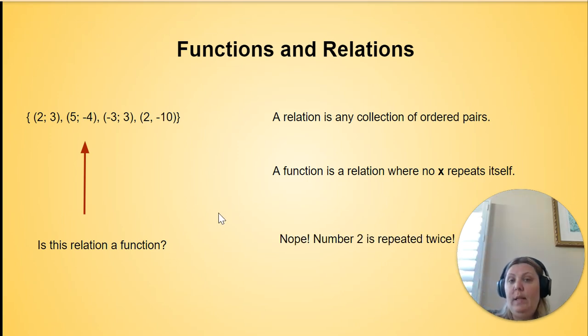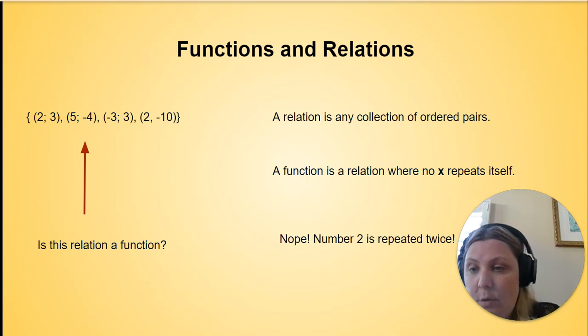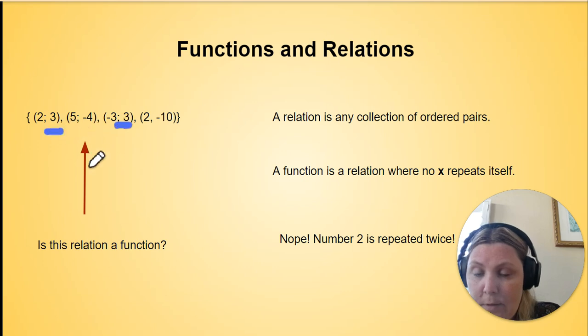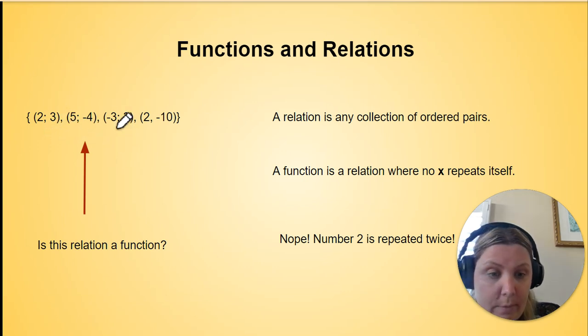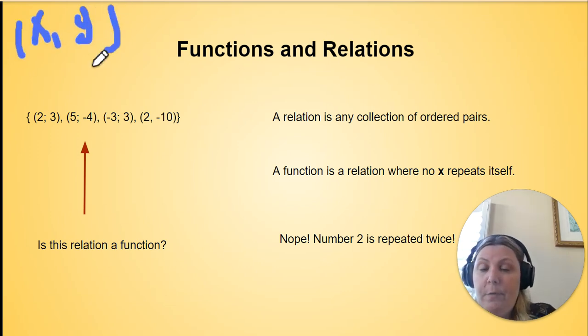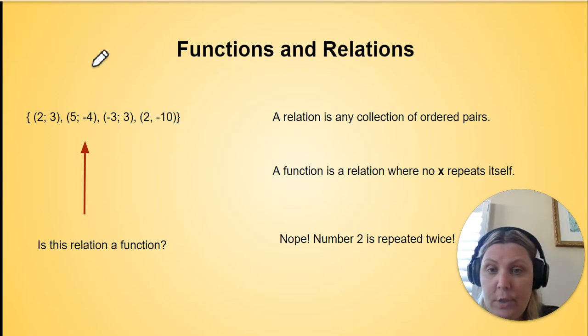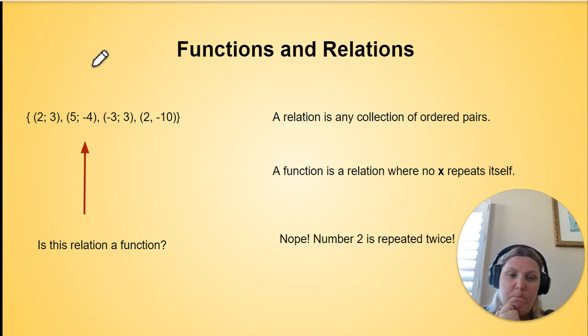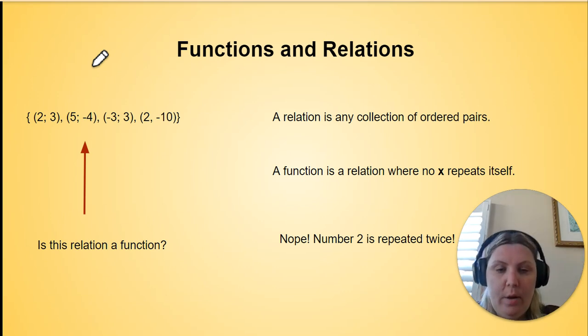And you should be asking, well, yeah, but threes repeat themselves too. But when you look at those threes, these are not x's, these are y's, right? Remember, it always goes x first, y second. So if you want to figure out if it's a function, you only look at x's. If x is repeated, nope, not a function.